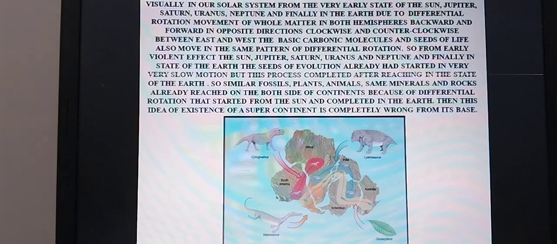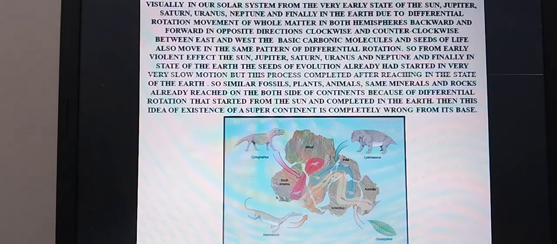So you note why fossils on two different continents are possible: visually in our solar system, from the very early state of the Sun, Jupiter, Saturn, Uranus, Neptune, and finally in the Earth, due to differential rotation, the movement of whole matter in both hemispheres, backward and forward in opposite directions, clockwise and counterclockwise between east and west, the basic carbonic molecules and seeds of life also move in the same pattern of differential rotation.